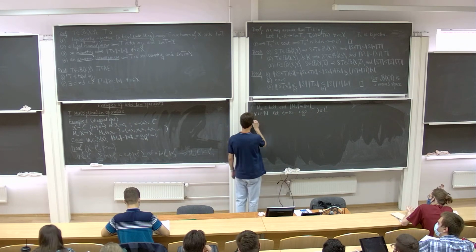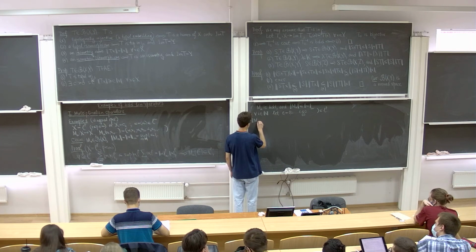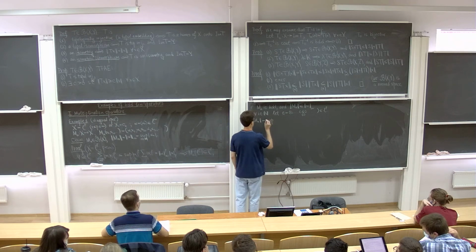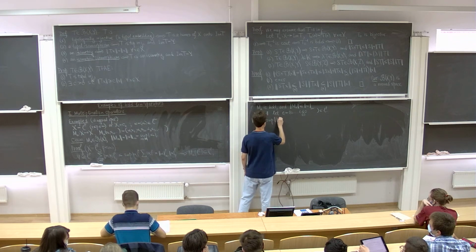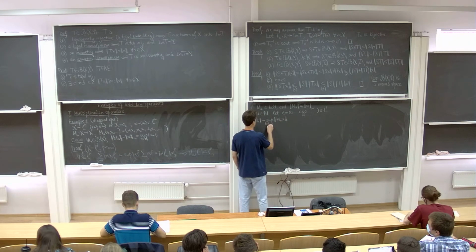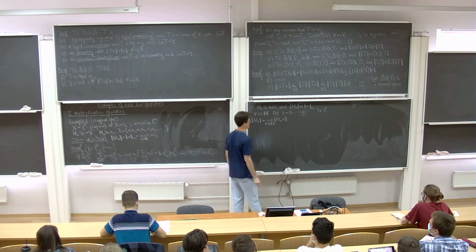And we write the following expression. By definition, the norm of M alpha is the following supremum over the unit sphere. This is one of the equivalent definitions of the operator norm.